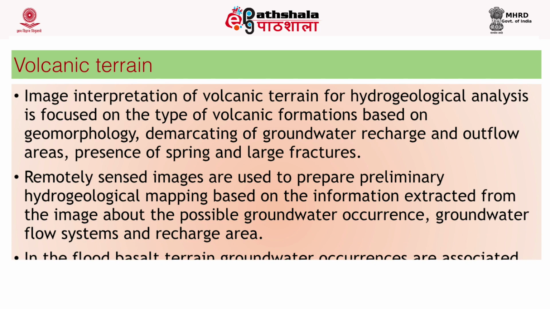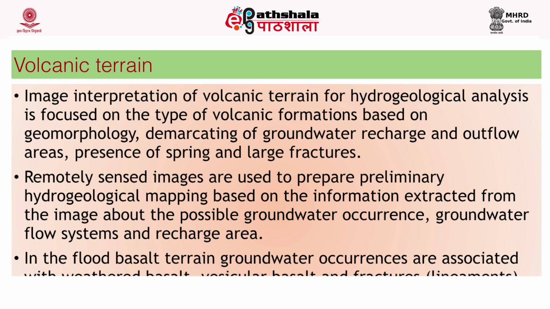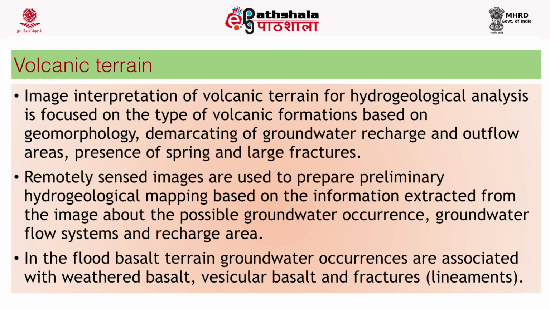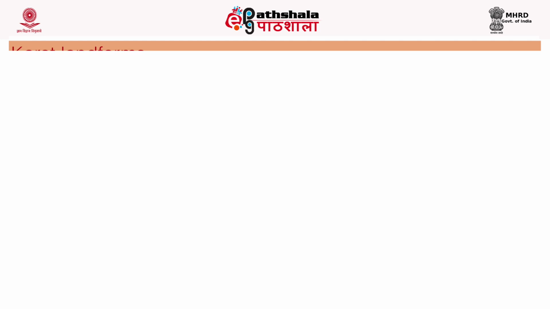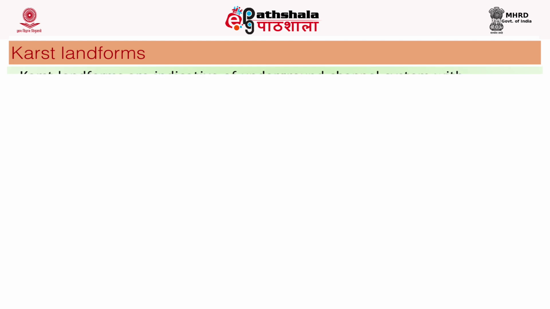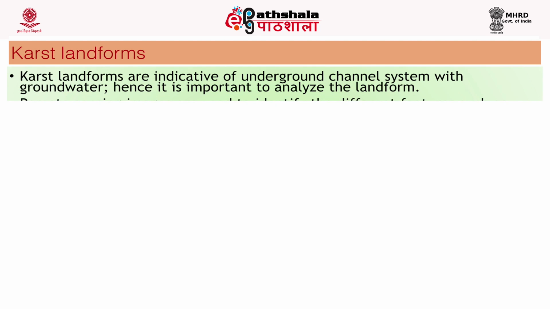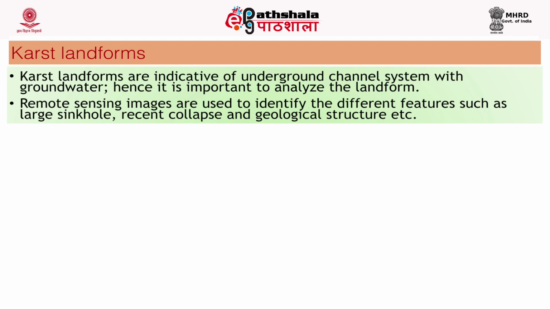In the flood basalt terrain, groundwater occurrence is associated with weathered basalt, vesicular basalt and fractures, mostly the lineaments. Karst landforms are indicative of an underground channel system with groundwater. Hence, it is important to analyze the landforms.